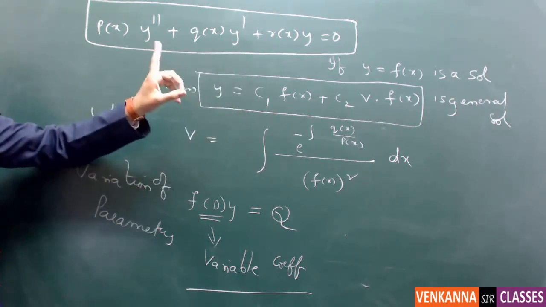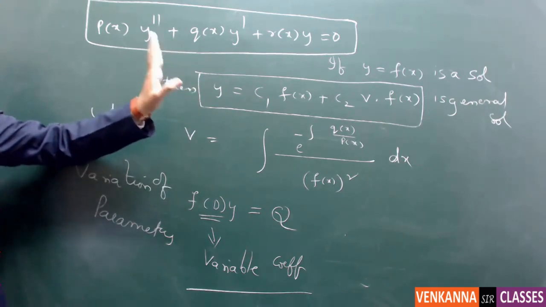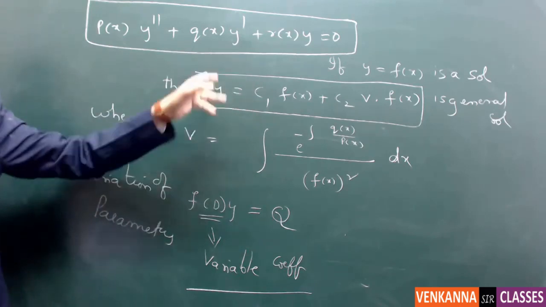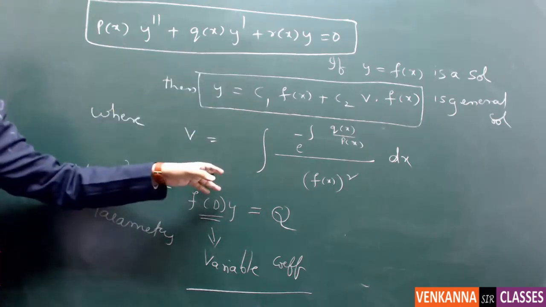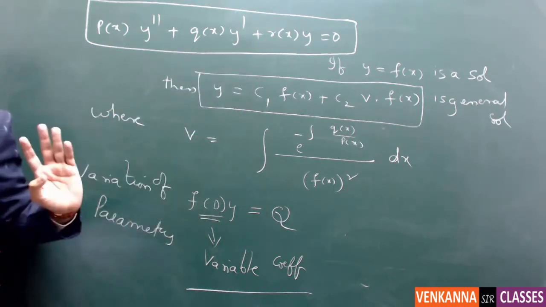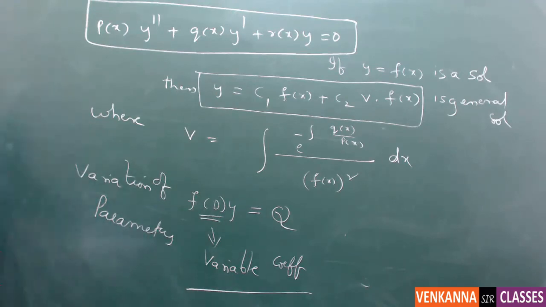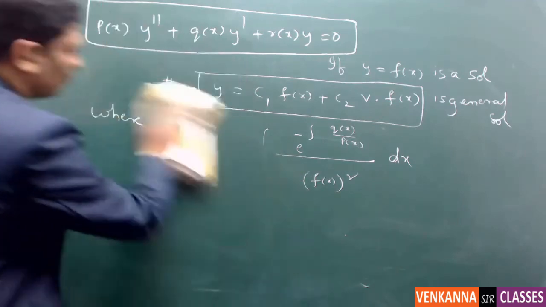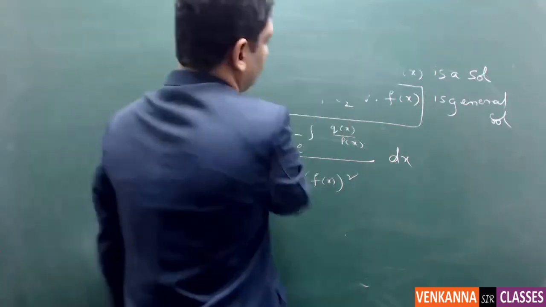One solution we can easily find, or it will be given in the problem. The other solution we find by using this technique. And yp will be calculated by using variation of parameters. So let us take one problem here which gives you a clear idea. One problem is sufficient for you, I hope.